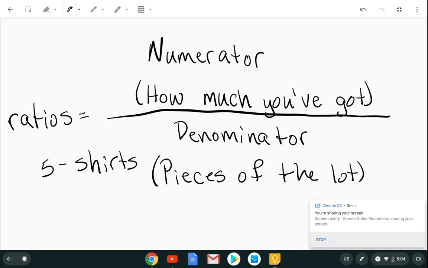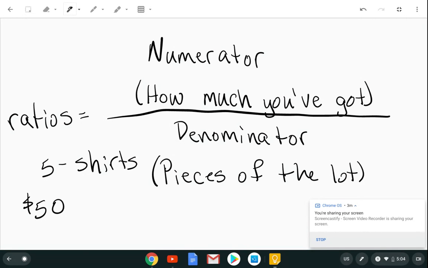And you spend a total of $50, not including tax. Which number do you think is going to be our numerator for this ratio? You think it's going to be 5, or do you think it's going to be 50?